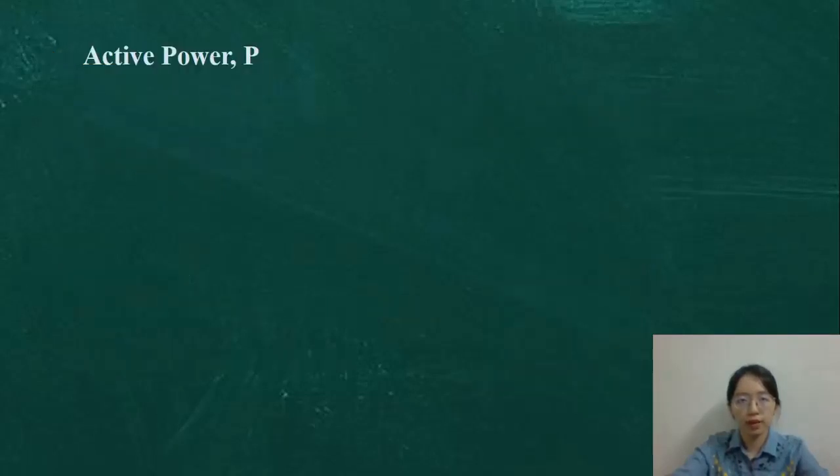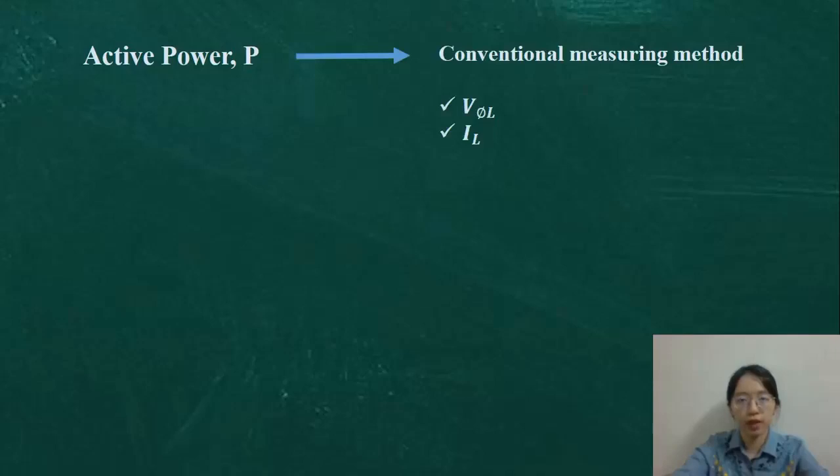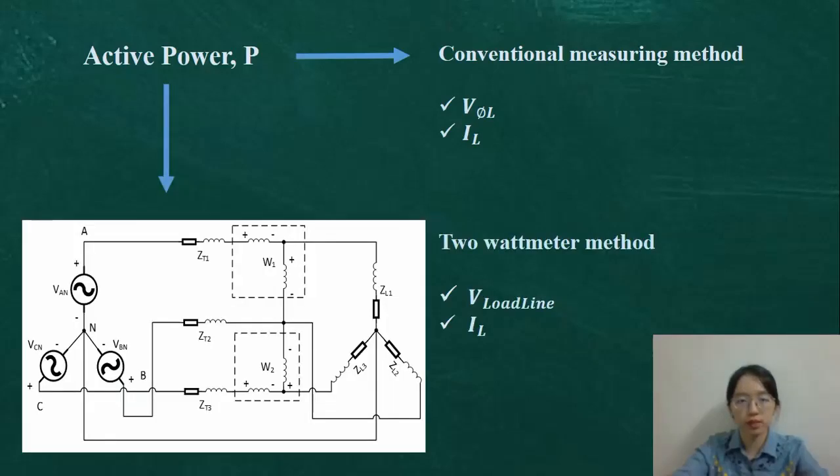Next, active power. Active power can be calculated by the conventional measuring method, which requires the phase load voltage and the line current. Next is the 2-watt meter method, which requires the load line voltage and the line current.